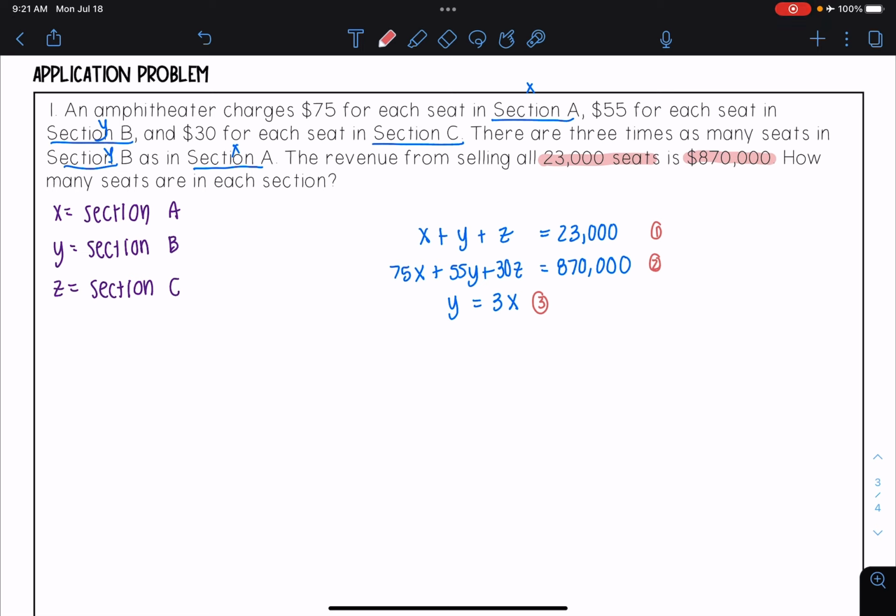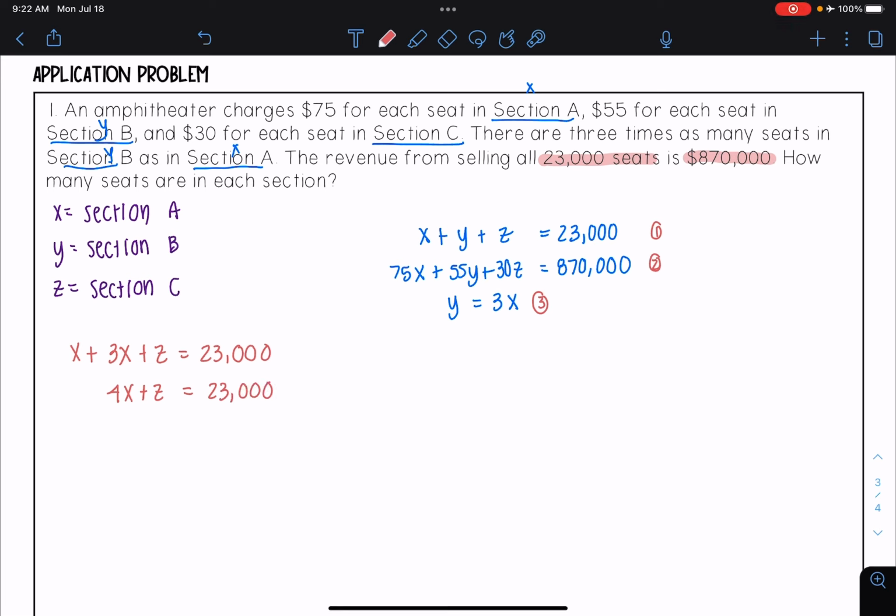So I'm going to first substitute it into 1. And so when I substitute it into 1, I get X plus 3X plus Z is equal to 23,000. And simplifying that out, I get 4X plus Z is equal to 23,000.